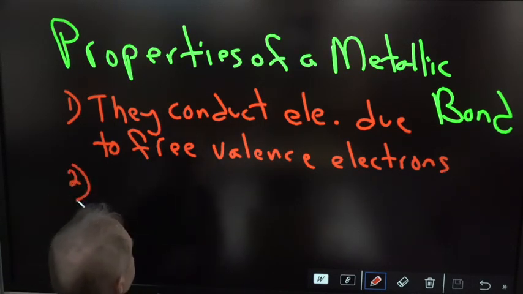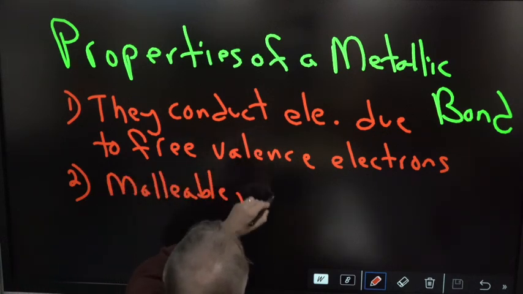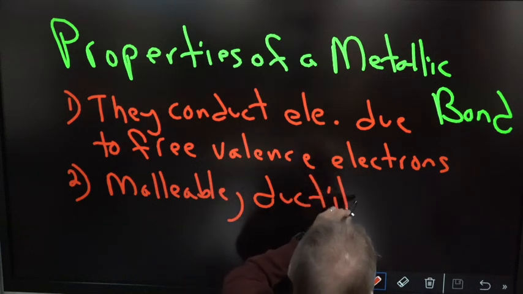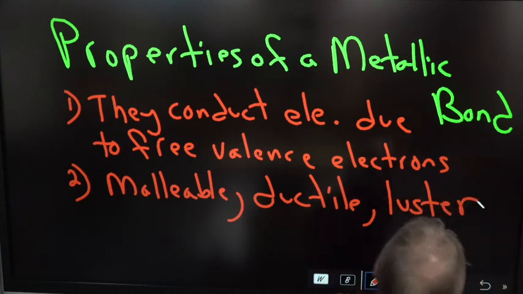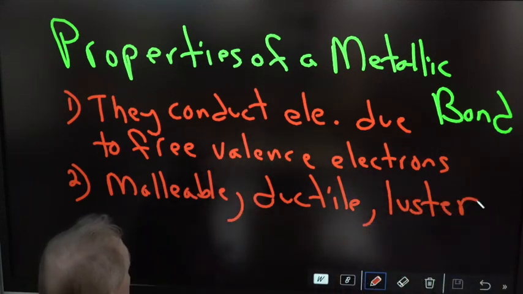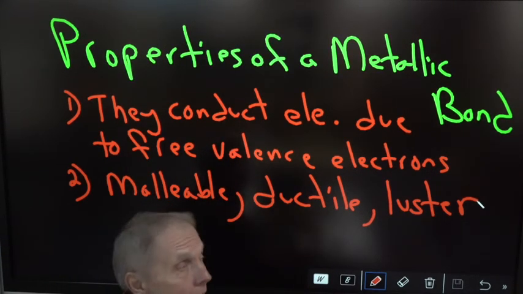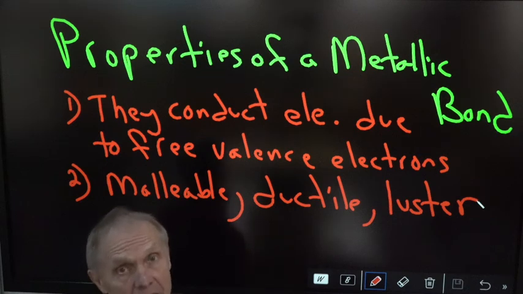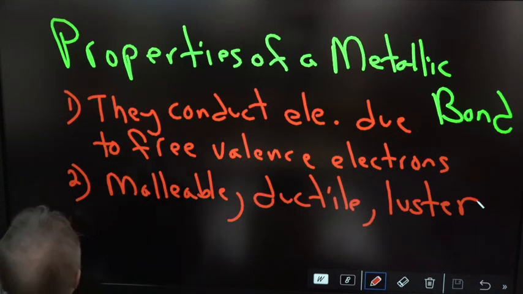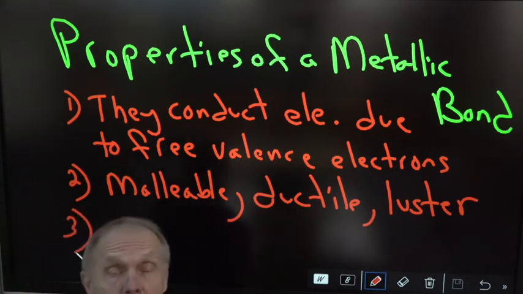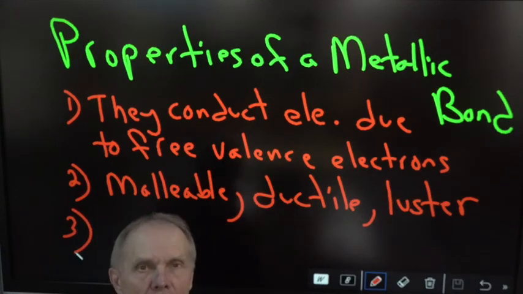Number two, remember these three properties? Malleability, able to hammer into shapes. Ductile, able to roll into wire. Luster, they're shiny. Those three are very easy properties. Now, number three, from the periodic table chapter, metals are always large atomic radius.